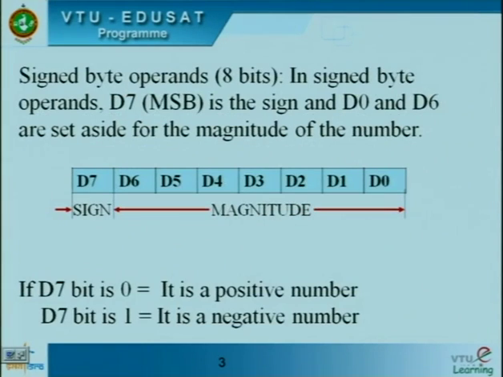This representation is provided on an 8-bit register or memory location, which we call D0 to D7, where D0 to D6 are exclusively for the magnitude of the number and D7 is for the sign bit.